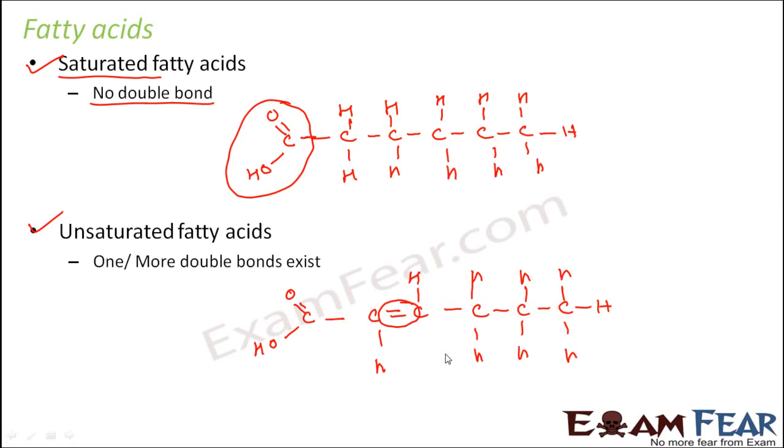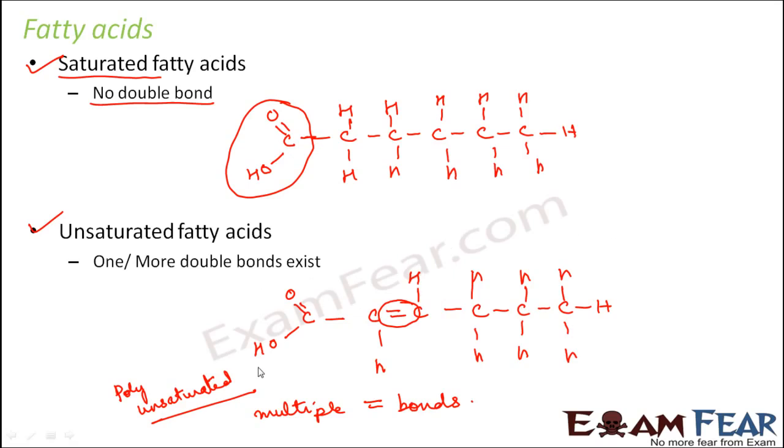Now those unsaturated fatty acids where multiple double bonds are present are called polyunsaturated fatty acids. They have multiple double bonds. So now we can say that these fatty acids are the monomers from which polymers can form, the way it was happening for all other biomolecules as well. By dehydration synthesis, polymers can form from monomers.